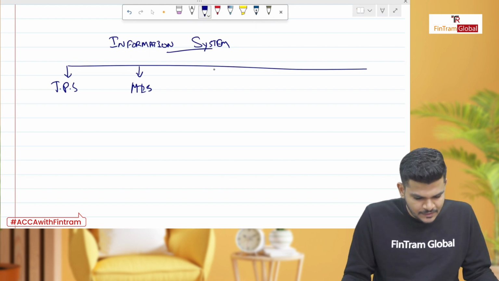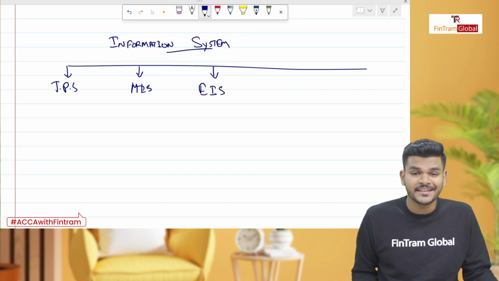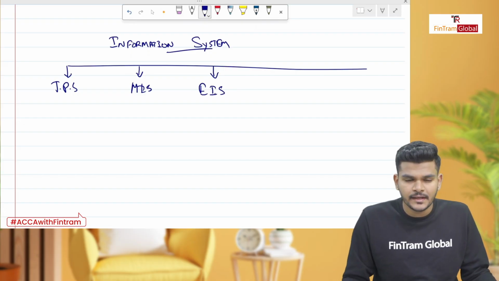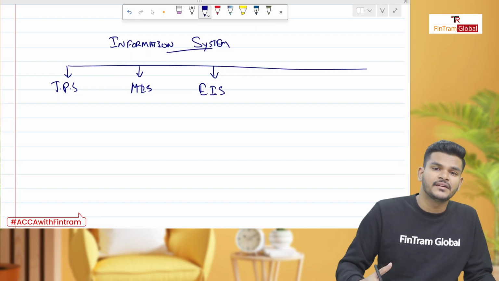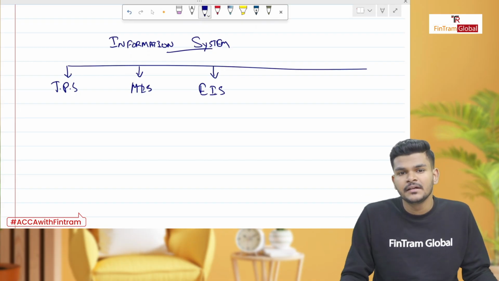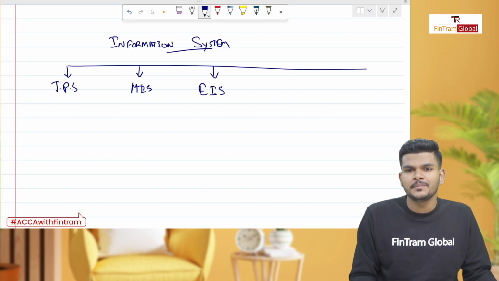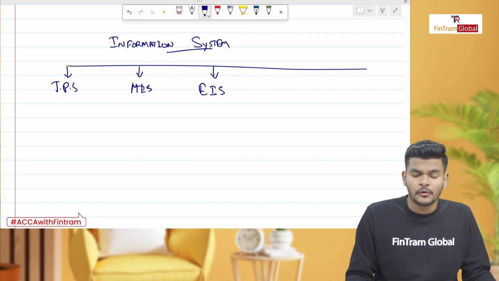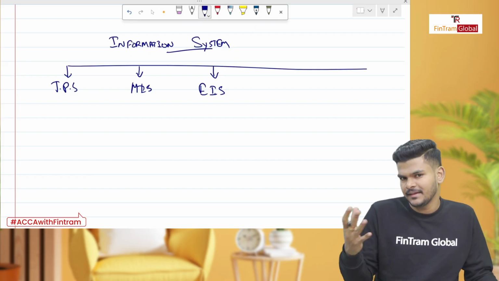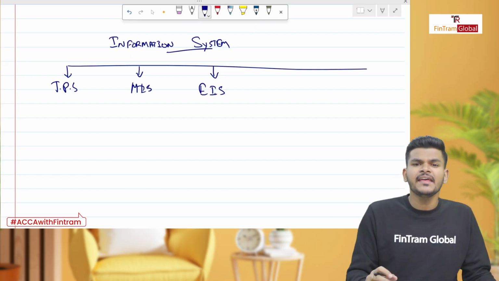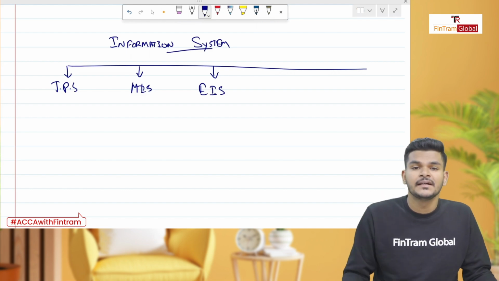And then we also have EIS, which is the executive information system, right? Executive information system uses both internal as well as external information. If we look at MIS, it's primarily used by tactical managers, or managers at the middle level of the organization, such as departmental heads and people like that. But EIS is primarily used by the executive level, or the strategic level managers.